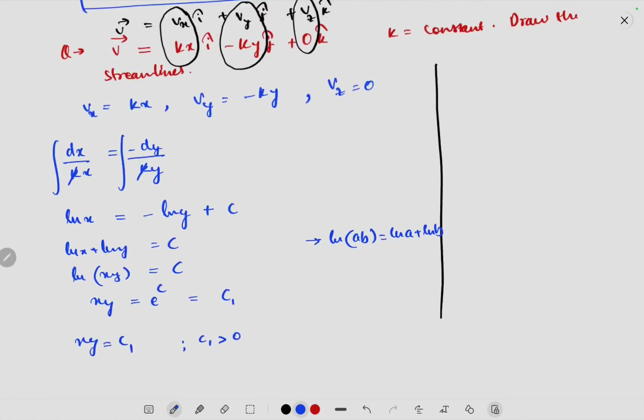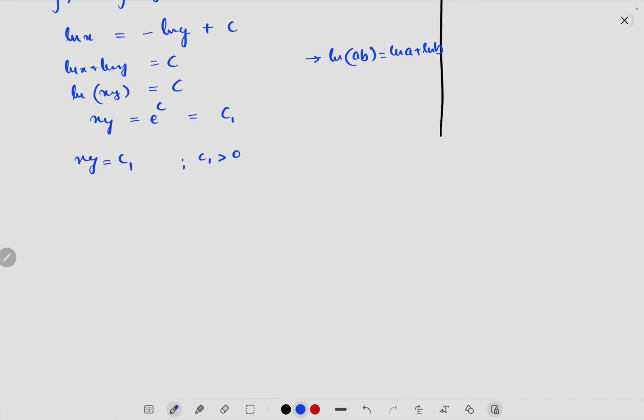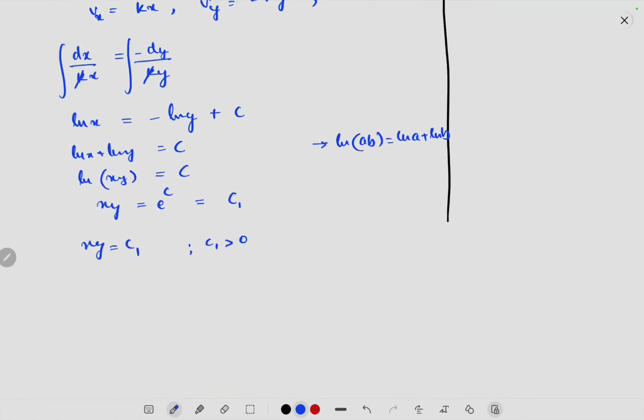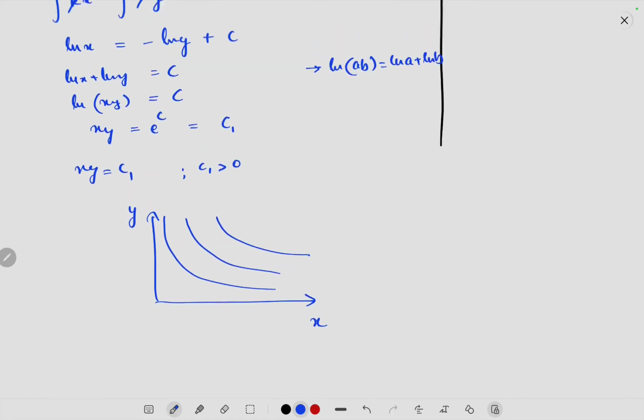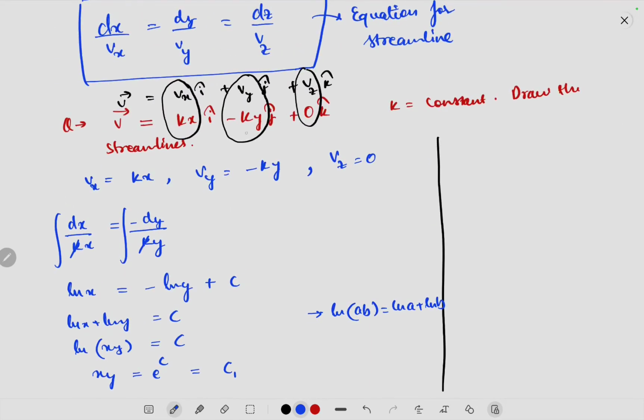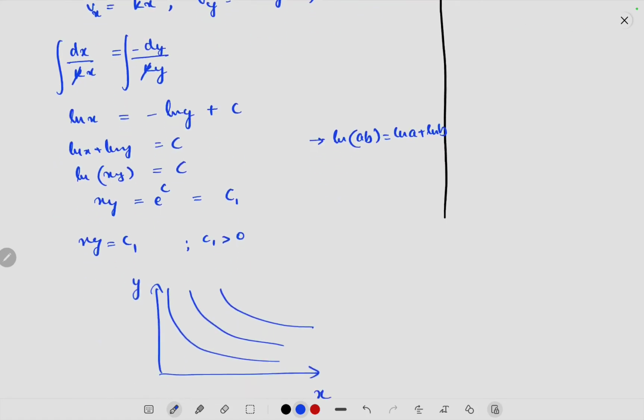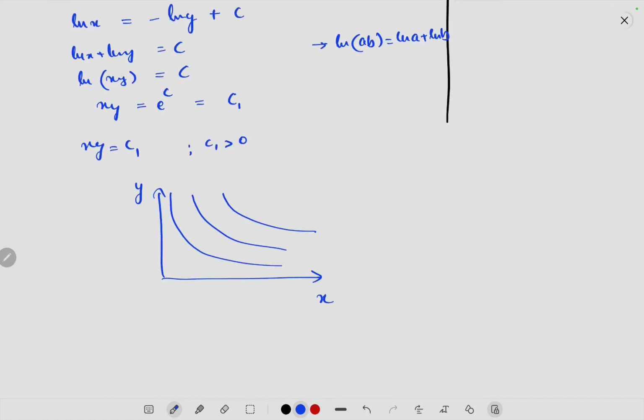Alright, so the streamlines in the positive or in the first quadrant, so let's say this is y, this is x, the streamlines would look like this. Okay, so from the velocity vector, we are now able to derive how the streamlines would look like.